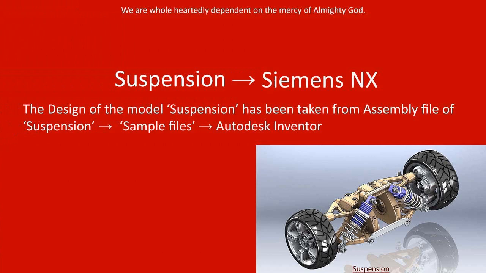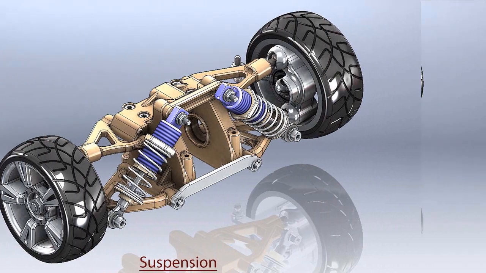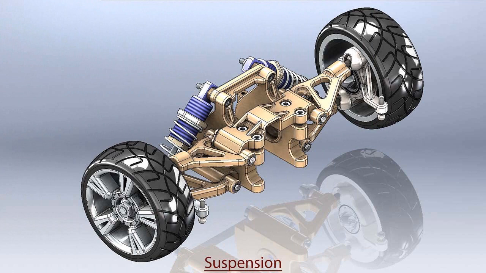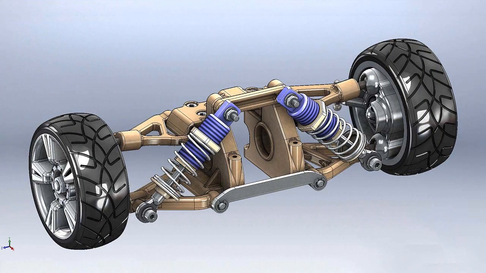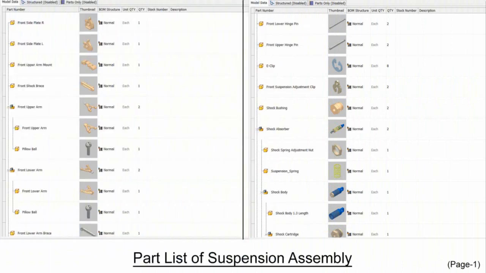Today we will create an assembly file of suspension in Siemens NX. In this video you will learn the full assembly modeling of this model. You can see here, this is my part list of the suspension model.